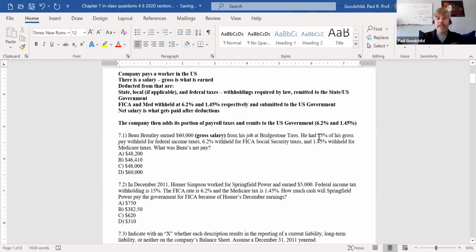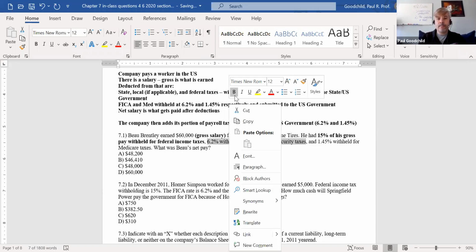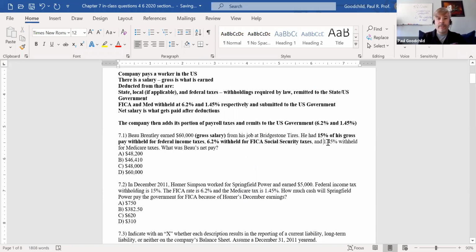He had 15% of his gross pay withheld for federal income taxes, 6.2% withheld for FICA Social Security taxes, and 1.45% withheld for Medicare taxes. And so they're asking what was Bo's net pay.